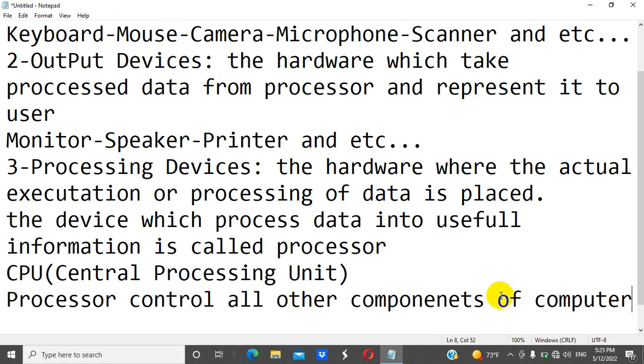If you see a mentally ill man, he can't speak well and can't answer questions because his brain is not performing well. So in a computer system, the CPU or processor is the brain, which controls the whole computer system and where the actual execution of data takes place.